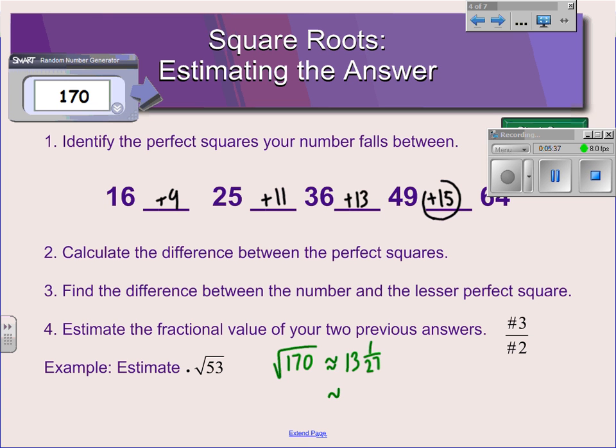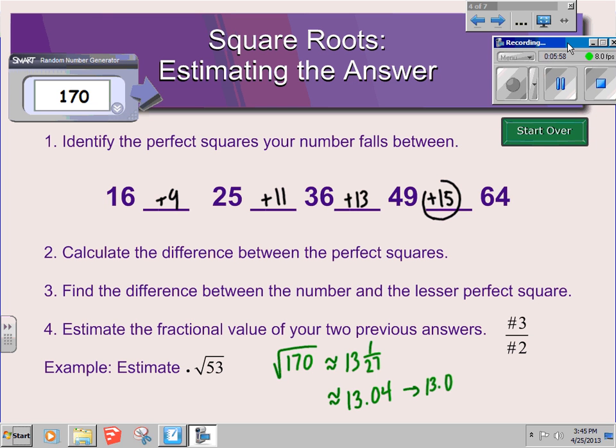So I would say this one is about 13.04, which, like I said, to the nearest tenth I would treat as 13.0. So that's how you use that strategy. It's a pretty clever way of estimating without a calculator. Again, that's without a calculator. Let's move on and look at the next strategy for dealing with these irrational square roots.